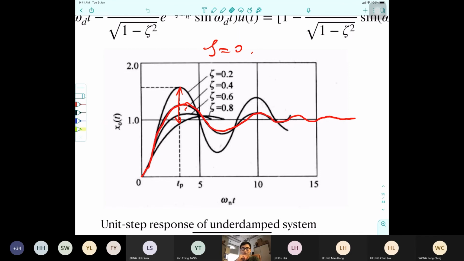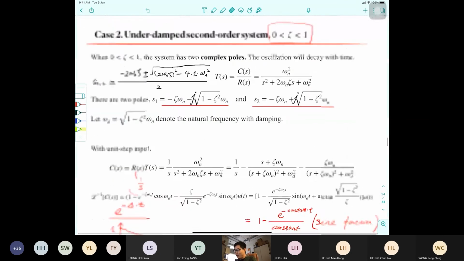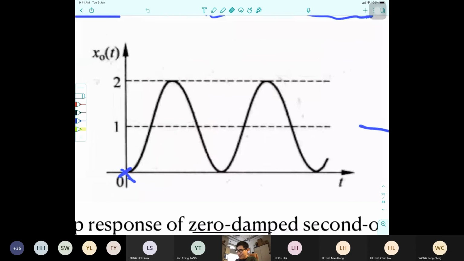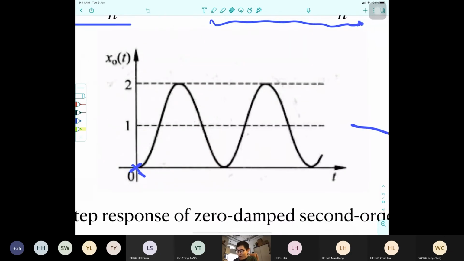Anyone else? This part is very important; you need to understand damping. The larger the damping, the smaller the overshoot of the system. The smaller the damping, the larger the overshoot. When damping equals 0, the system has no damper, and it becomes a cosine function. The cosine function's overshoot is 100%. Here, what we want is 1, but what we really get is a maximum of 2, so the percentage overshoot is 100%, extremely large.